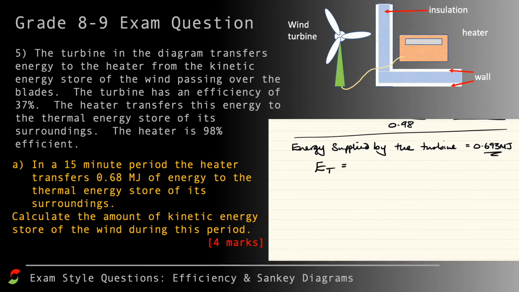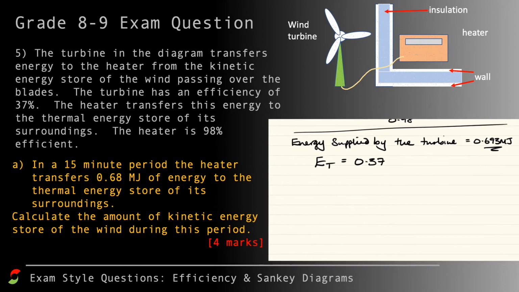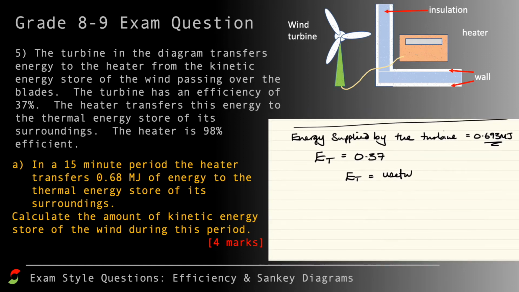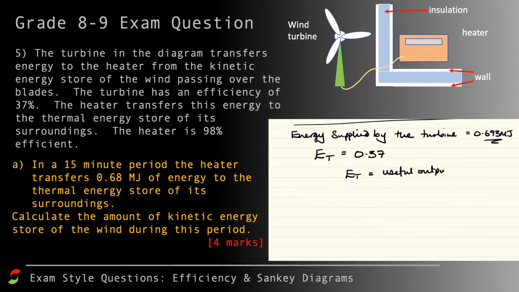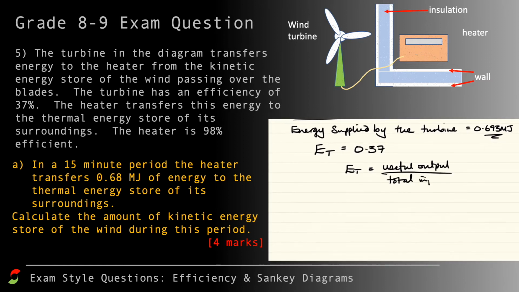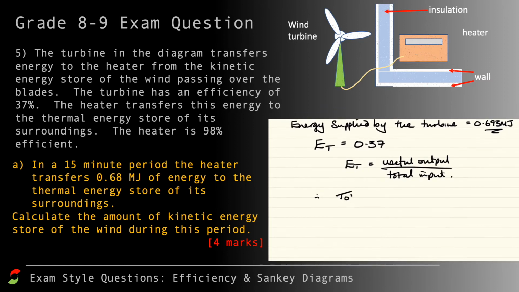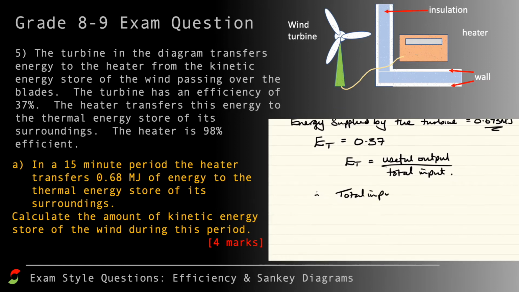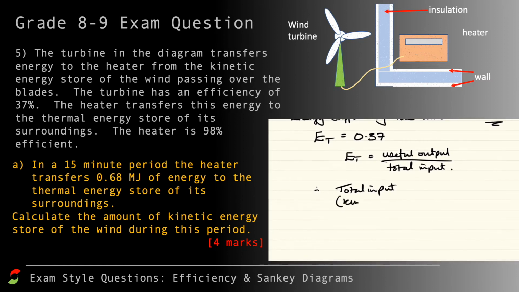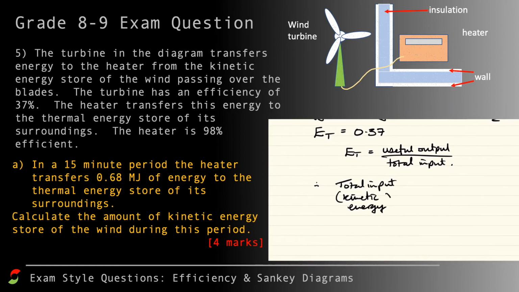So now we can look at the efficiency of the turbine. We're told that that is 37%, but I'm going to use 0.37. Write the equation down again. Efficiency of the turbine is the useful output over the total input. And rearranging that, it's going to be total input, which is going to be the kinetic energy store from the wind.